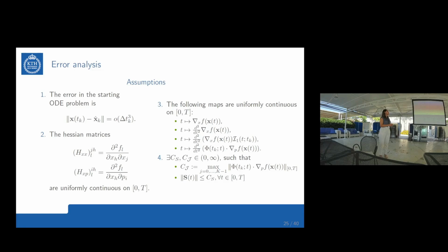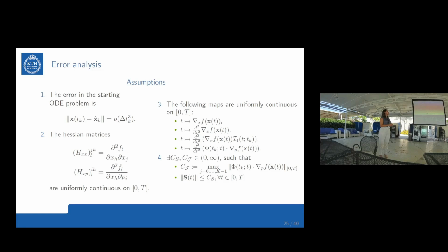And we also performed an error analysis where, assuming some continuity conditions that are pretty common if you consider, for example, a function in C3. So these are just smoothness assumptions, don't look at them.